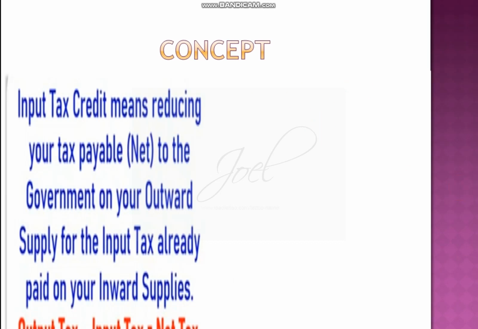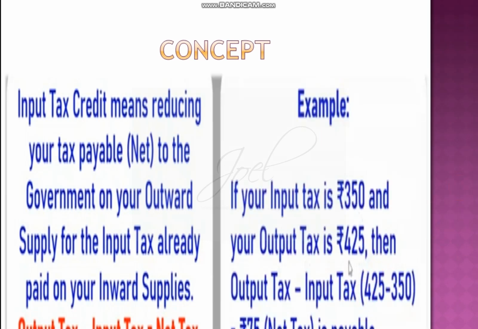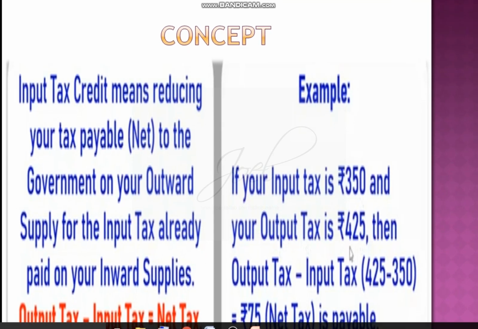As I told, we are going to see one example. Suppose my input tax is 350, that is, when I purchased the item I paid 350 rupees as GST, and my output tax is 425. That means I have sold some items to the customers and collected a tax amount of rupees 425.